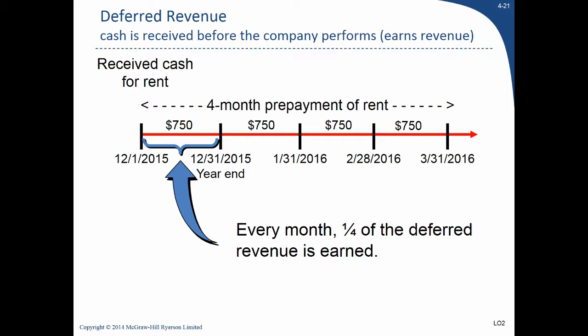But the important thing is, this is our year end, December 31st, 2015, 1 month later. So what should the balance in the deferred revenue be on January 1st, 2016? It should be the sum of the remaining deferred rent to be recognized, right? These three. So that's $2,250.